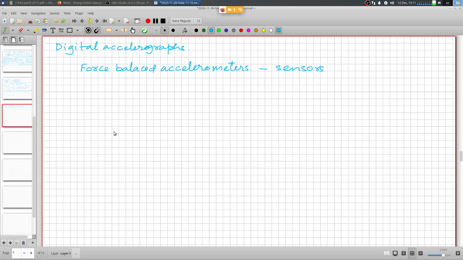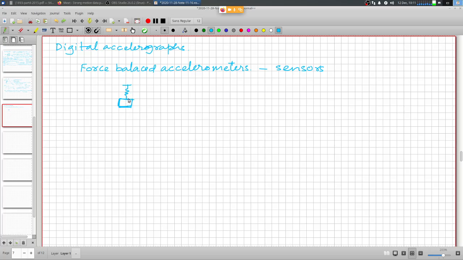In case of force balanced accelerometer, it is essentially a small mass suspended from a system, similar to what we have for the analog accelerograph.